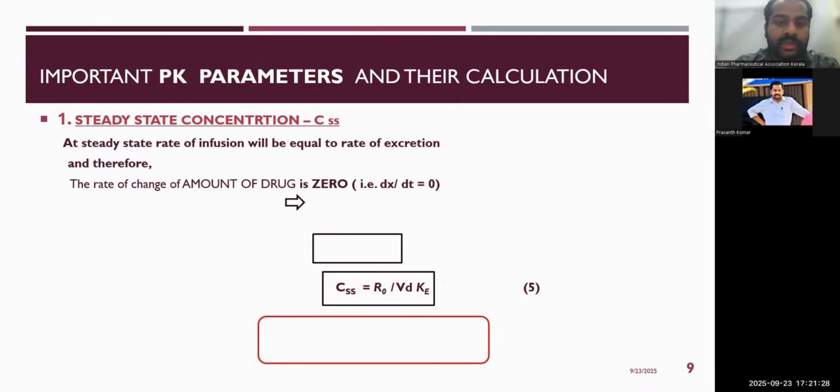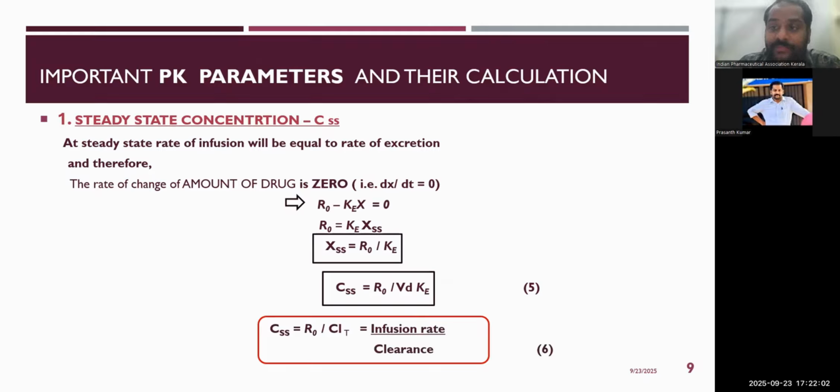So we can modify the rate of change of amount of drug in the previous equation: dX/dt will be equal to 0. So we can equate R0 - KEX to 0. So R0, that is rate of infusion, will be equal to KE into XSS. XSS is the amount at steady state, equal to R0/KE.